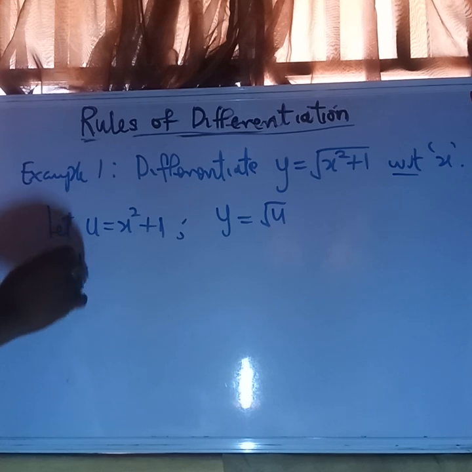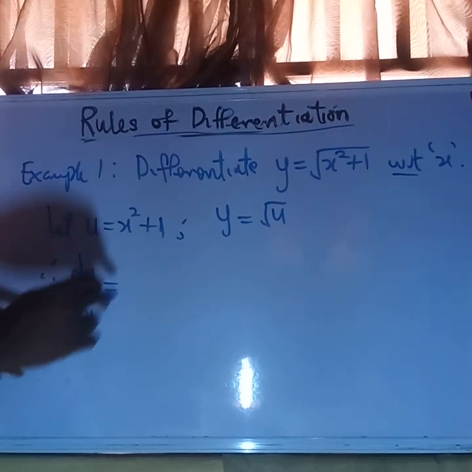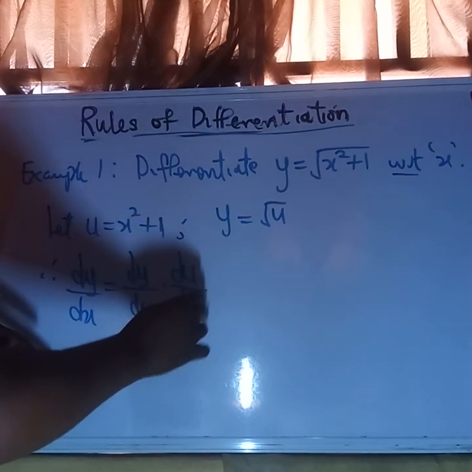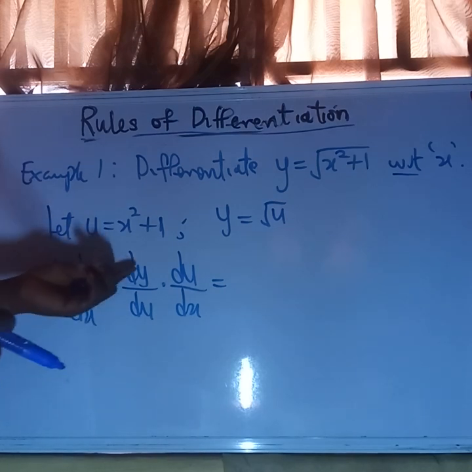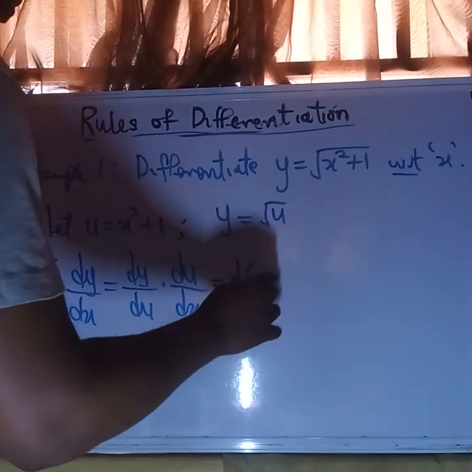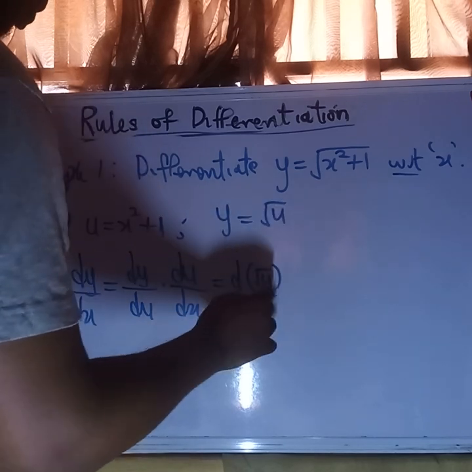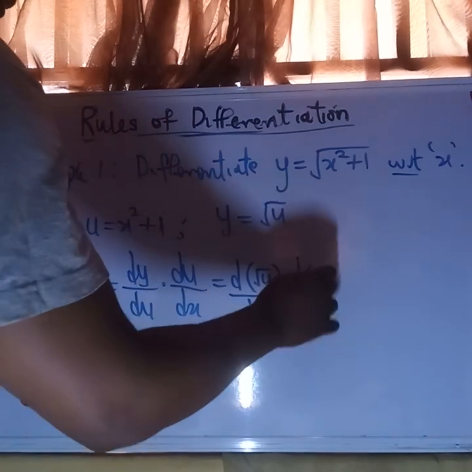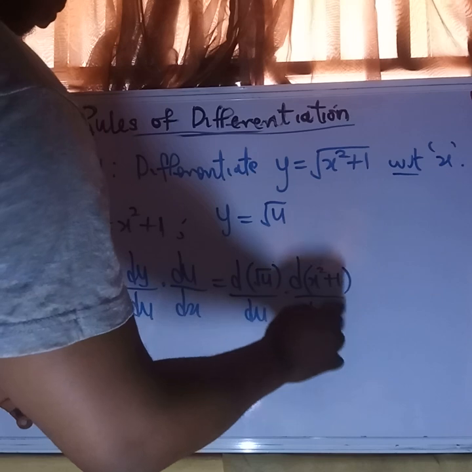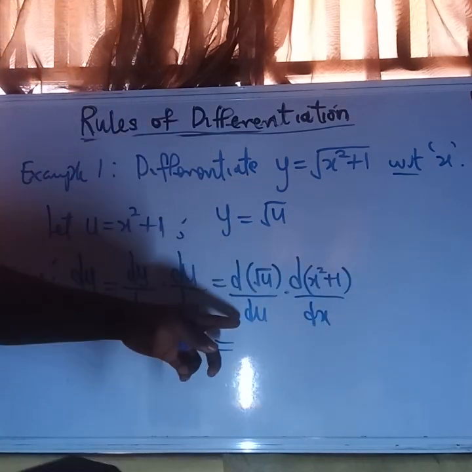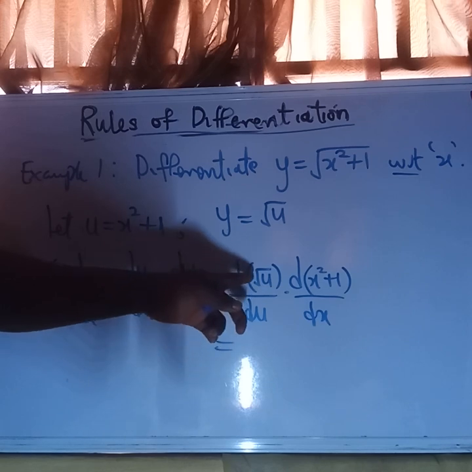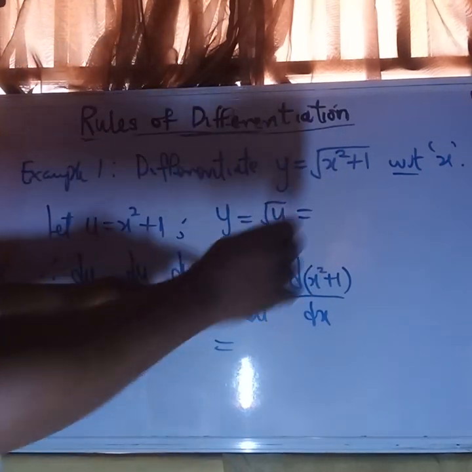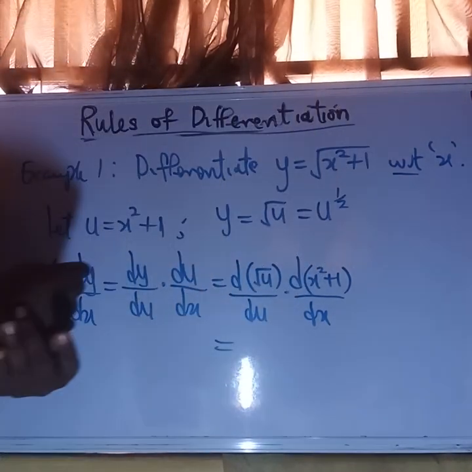Therefore, from the formula, dy dx is dy du multiplied by du dx. Accordingly, when we substitute the terms we have above, this is the derivative of the square root of u with respect to u, multiplied by the derivative of x squared plus 1 with respect to x. The square root of u literally means u to the power of a half.